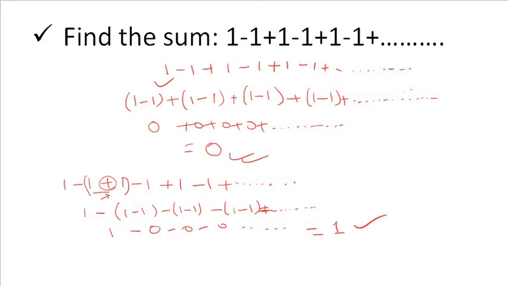So you see that for the same series, the result is different. One result is 0 and another result is 1. Here is an interesting thing: you can see another result also.